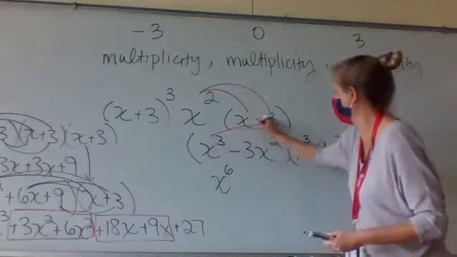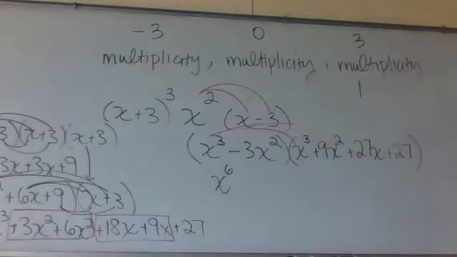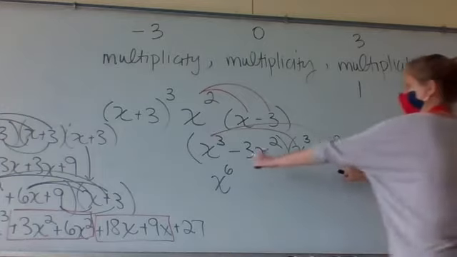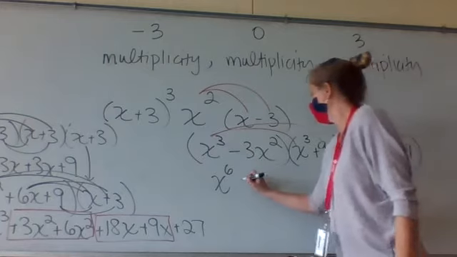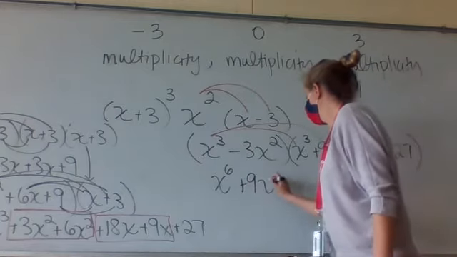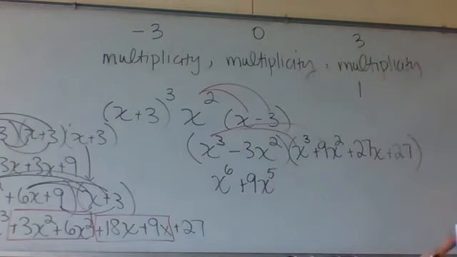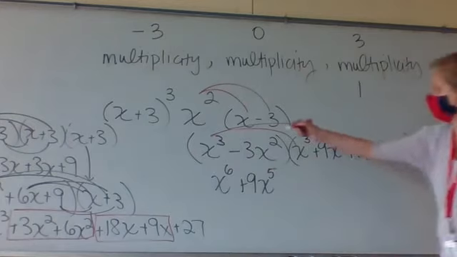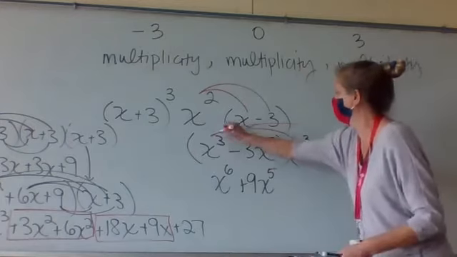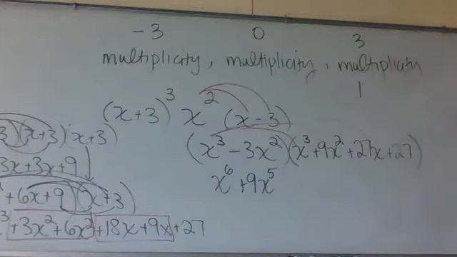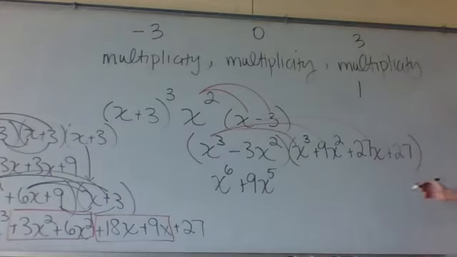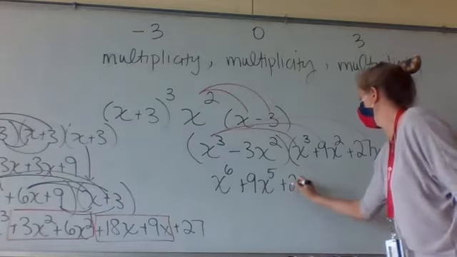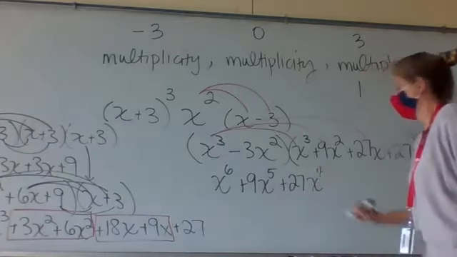So I did x to the third times x to the third, gave me x to the 6. Now I have x to the third times 9x squared. Remember, add your exponents. So that's going to give me 9x to the 5th. Now where does this x to the third go? To the 27x. So x to the third times 27x is positive 27x to the 4th.